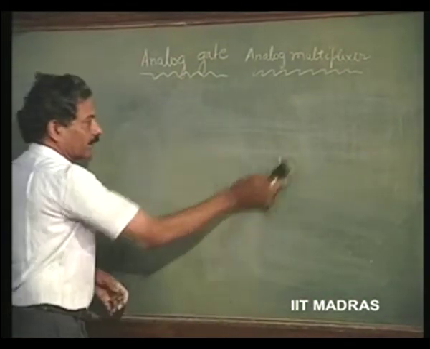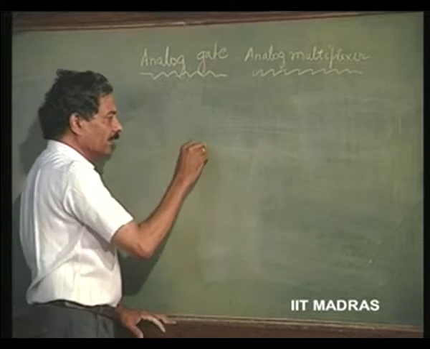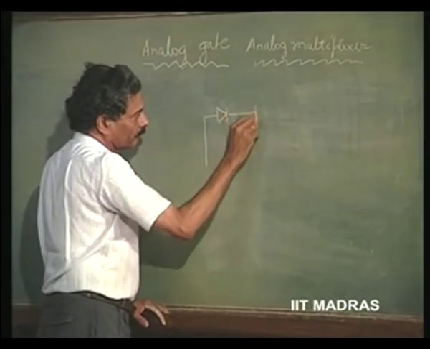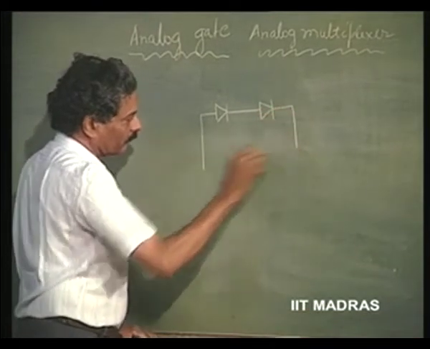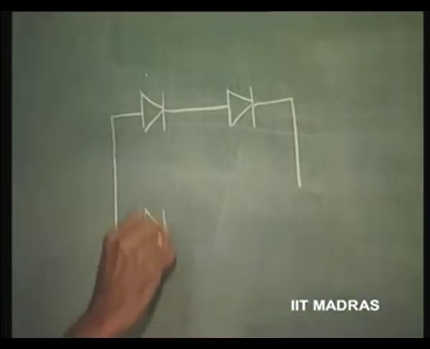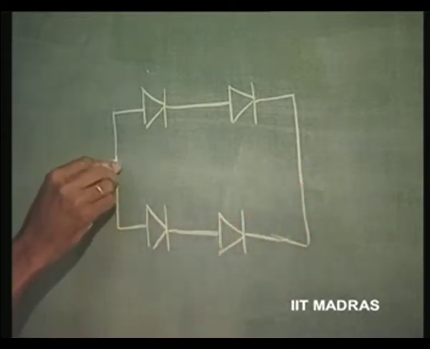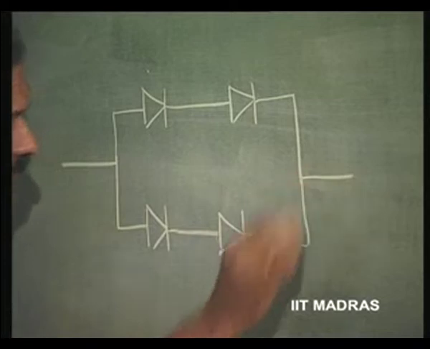Let us consider a diode circuit like this. I will tell you why I am selecting a thing which is looking like a bridge.